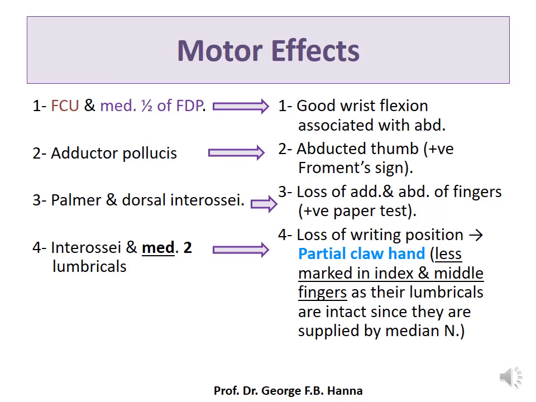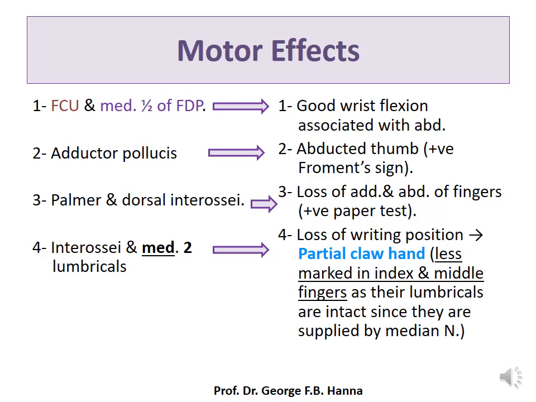So there will be loss of adduction and abduction of fingers. The adduction of fingers can be tested by putting a piece of paper between the medial fingers and asking the patient to adduct the fingers in order to catch the paper. He cannot, and this is called positive paper test.